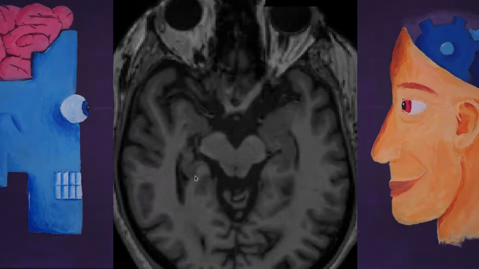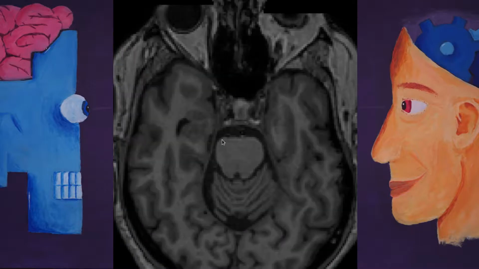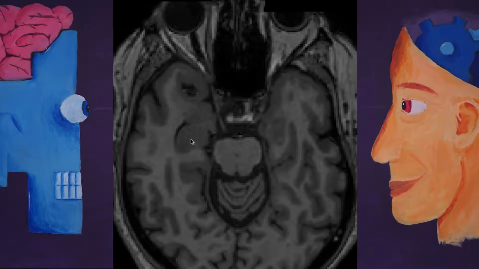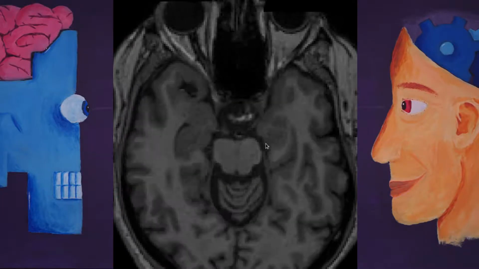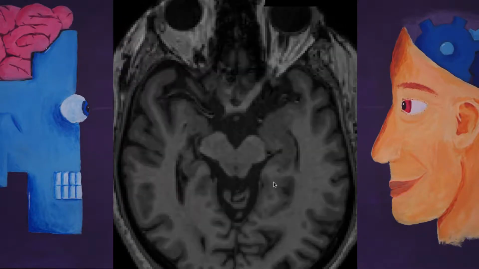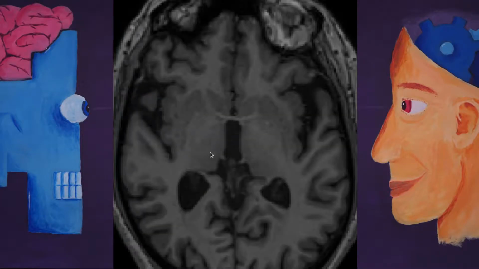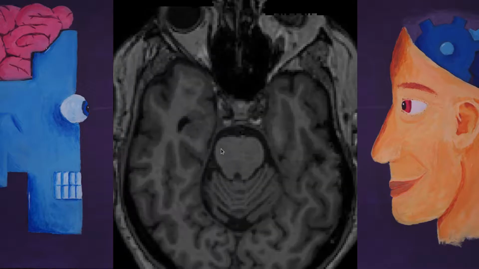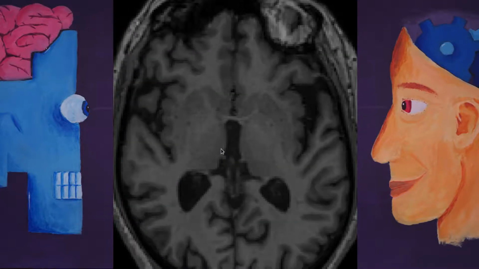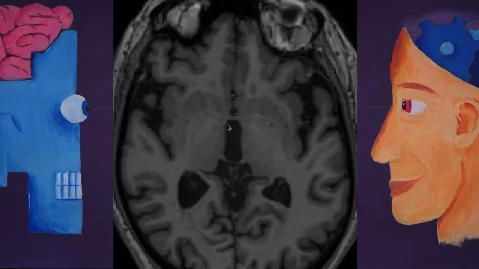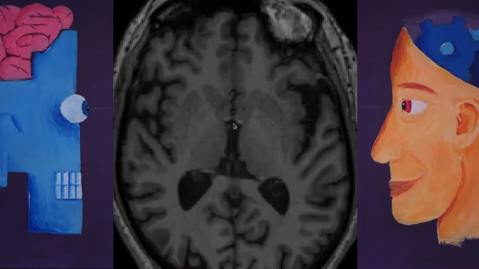So here you don't see anything. Maybe here 1. On the other side, I don't see anything. So 1 in the hippocampi.